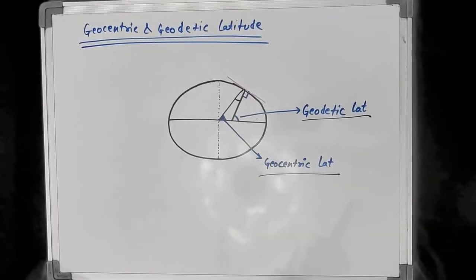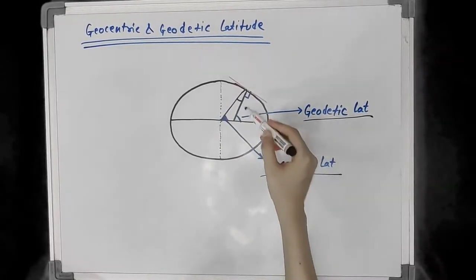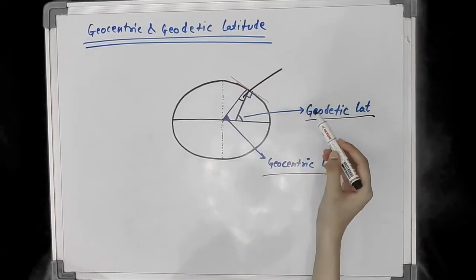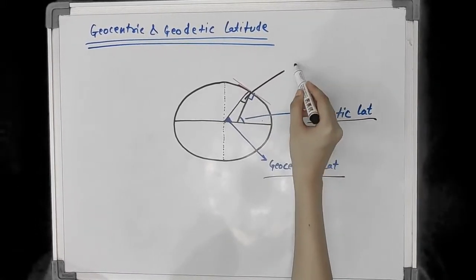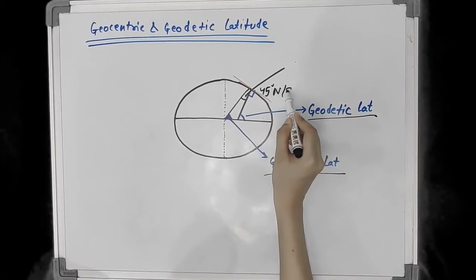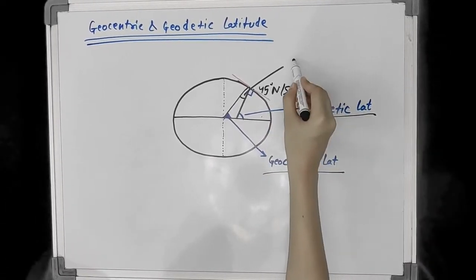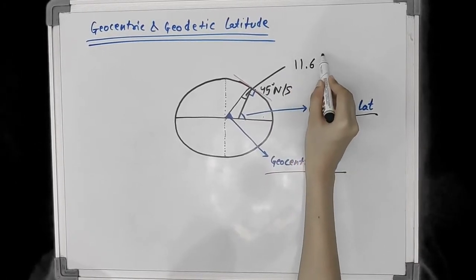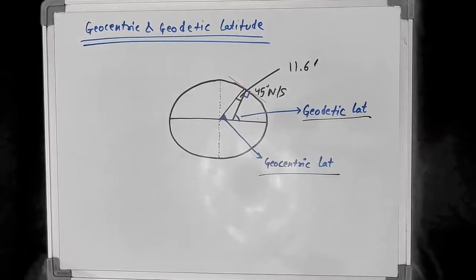Now, the maximum difference between the geodetic and geocentric latitude occurs at about 45 degrees north or south and is about 11.6 minutes of arc.